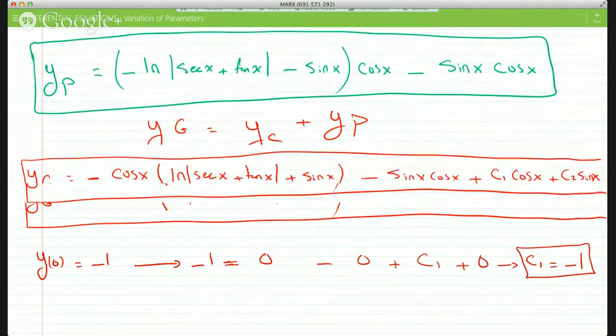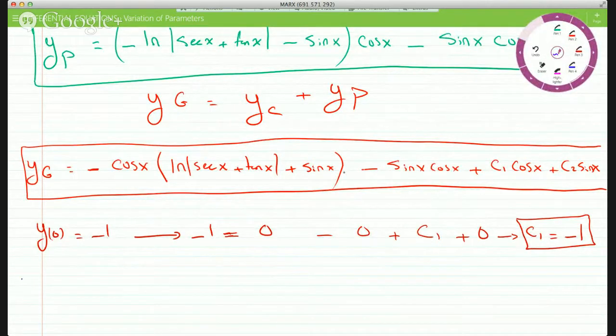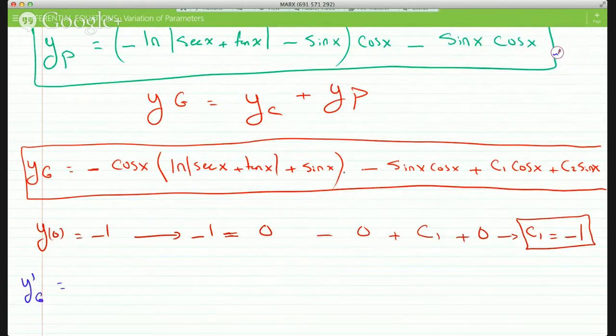Oh boy, now we need y prime. That looks like a nasty one to do y prime for, but let's go ahead and do it. So y prime general. Okay, so product rule on the first one. So that's just sine x times the second as is. Now, the second as is got me a 0 from y of 0, so I really don't need to evaluate this. So I can skip that part.